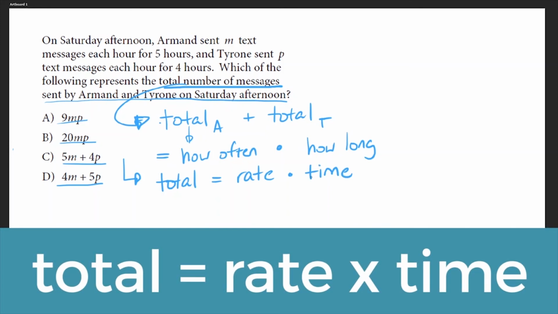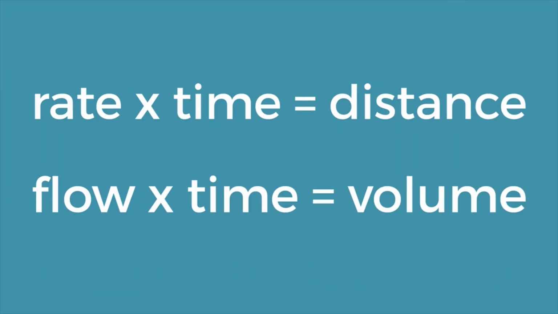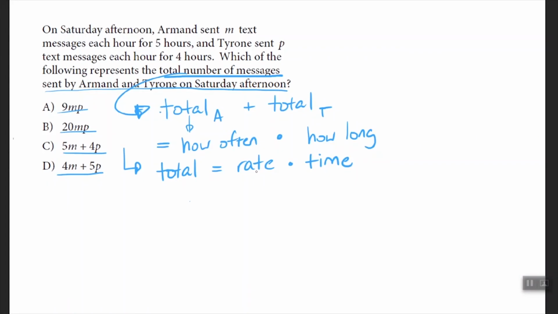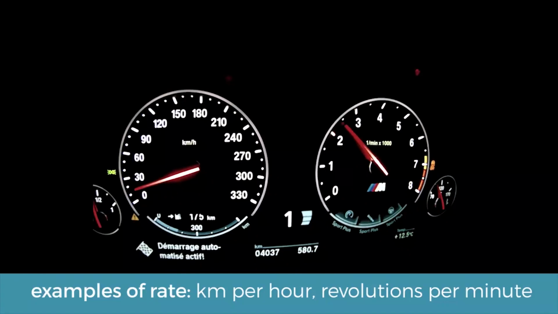Here are some forms of this equation that you may encounter when you take your SAT. Now that you saw those forms, let's find the rates for this problem. The rate is usually written in the following setup. It's usually a number, the word per, and then some sort of time.